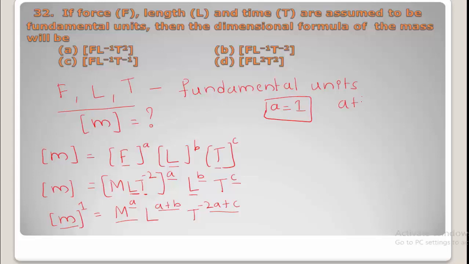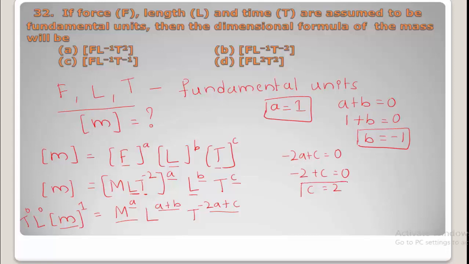Now A plus B equals 0 because there is no L term on the left, isn't it? It means L raised to 0 and T is also 0. Now L raised to A plus B is there. Now it becomes A plus B equals 0. So A is 1, so B value becomes minus 1. And minus 2A plus C equals 0. Minus 2 plus C equals 0. A value is 1, so C equals 2.